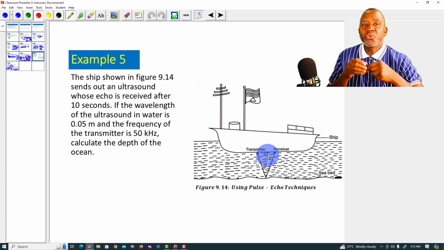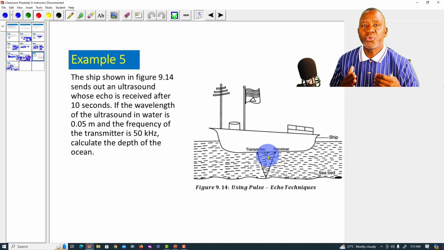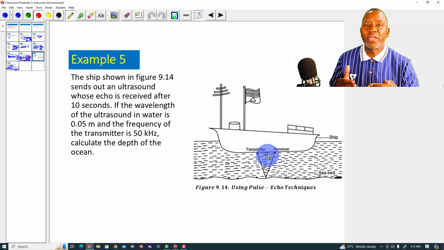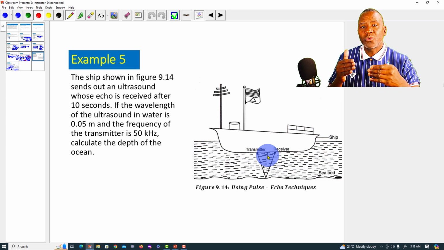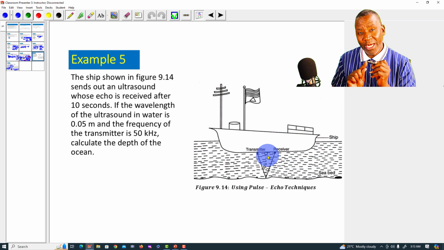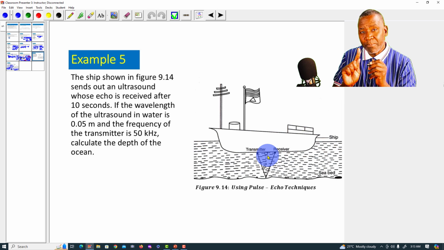When it comes to determining the speed at which an object is moving, maybe a car is moving, the police would use something referred to as a speed gun. The speed gun is directed towards the oncoming vehicle. So it produces microwaves which are going to hit the bodywork of the car, and then the bodywork of the car is going to reflect them.